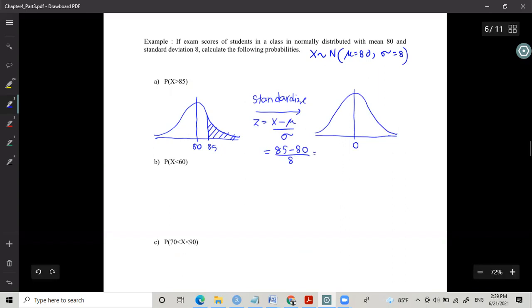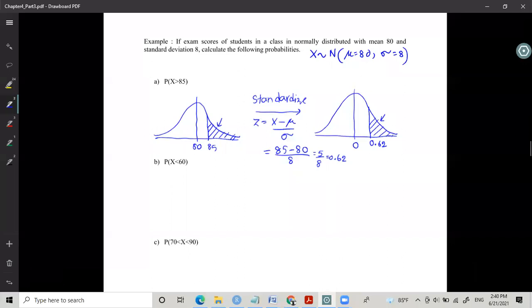So what is the value? 85 minus 80 is 5 divided by 8, which is 0.62. When you do the standardization, the corresponding Z score for 85 is 0.62. If you read the table and find everything to the right of 0.62, these two areas are the same. That is the beauty of this normal distribution.